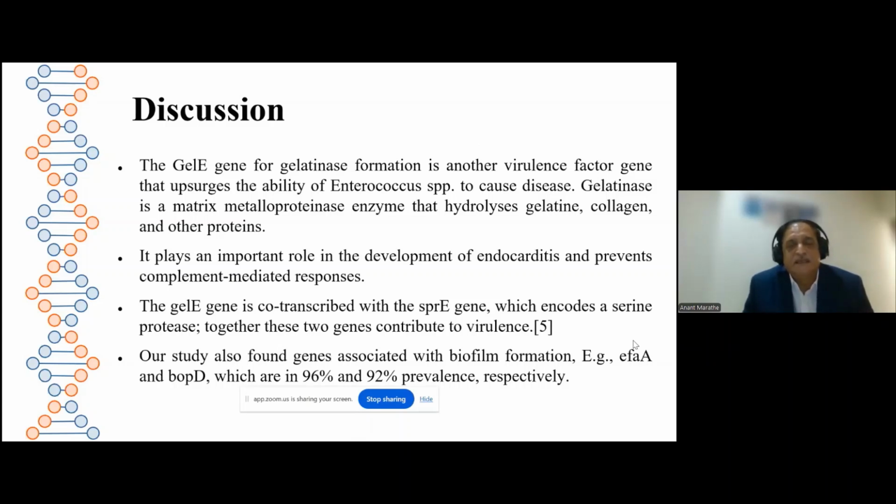The GEL-E gene is co-transcribed with the SPR-E gene, which encodes a serine protease. Together, these 2 genes contribute to the virulence of enterococci. Our study also found genes associated with biofilm formation like EFAA and BOPD, which are 96 and 92% in the case of faecalis and faecium, respectively.